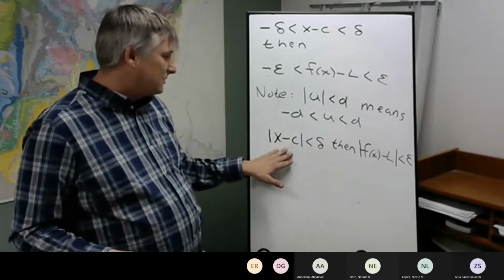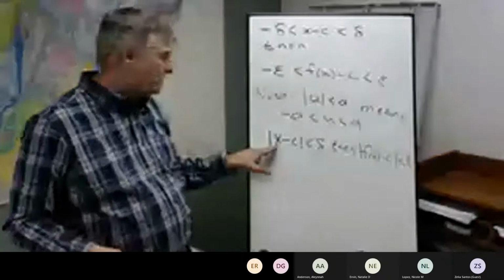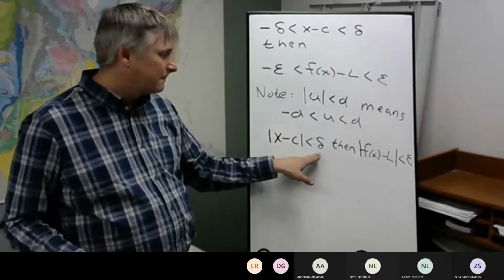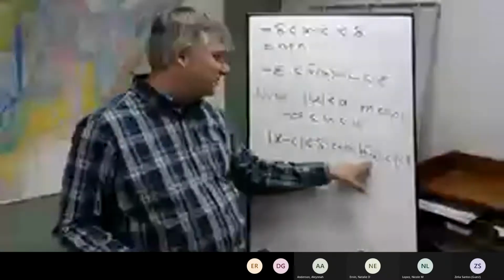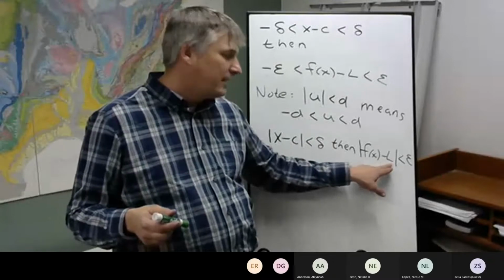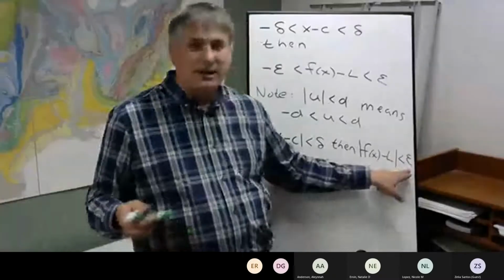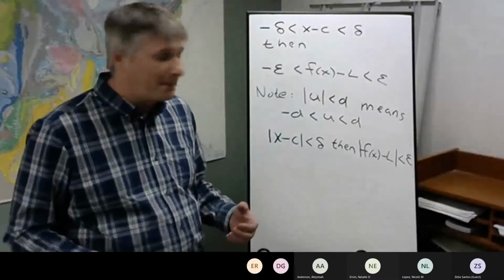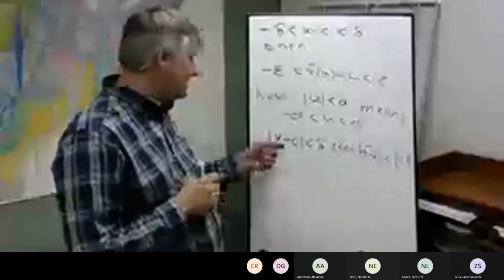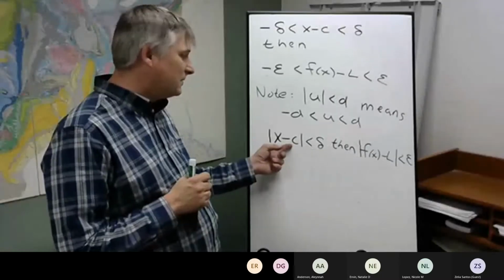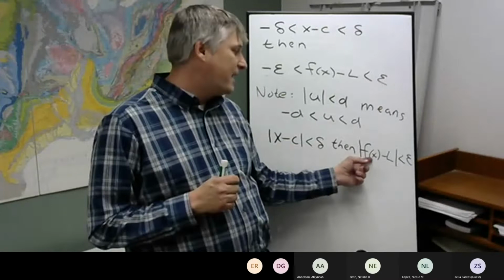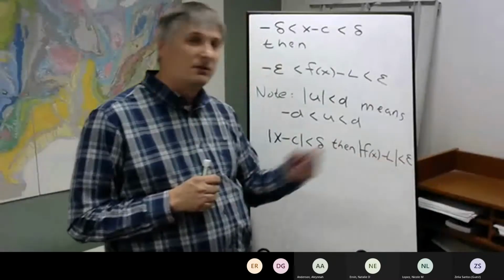So if the distance between some x value and c is smaller than delta, well, then the distance between f of x and the limit L will be less than epsilon. Or put another way, if you're within delta units of c, f of x will be within epsilon units of L.